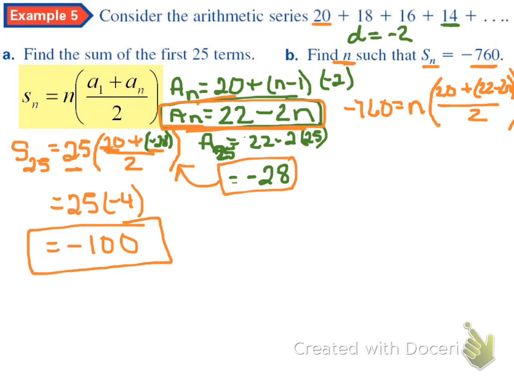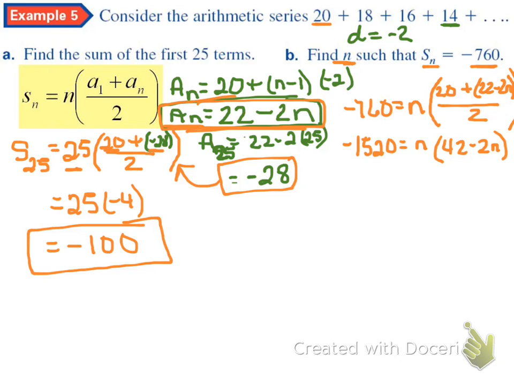Now we need to simplify. The first thing you need to do is get rid of the divide by 2. So multiply both sides by 2. When you multiply both sides times 2, you're going to end up with negative 1,520 is equal to n times, you can go ahead and add the 20 and 22. You could drop the parentheses around the 22 minus 2n and add the 20 plus the 22. End up with 42 minus 2n. You need to distribute the n.